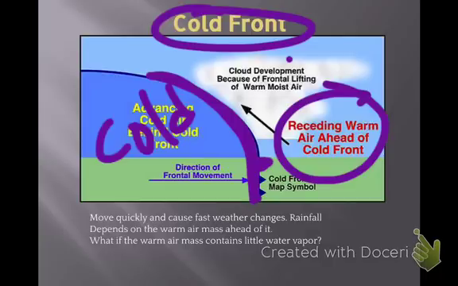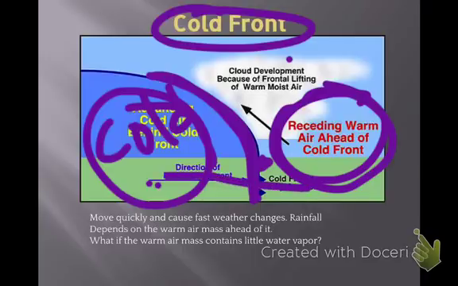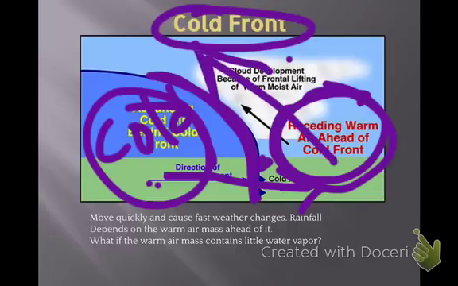Meaning there's cold air behind it, and there has to be something different in front of us: warm air. So cold fronts, because they are more dense, wedge their way underneath a warm air mass and push the warm air mass upward.